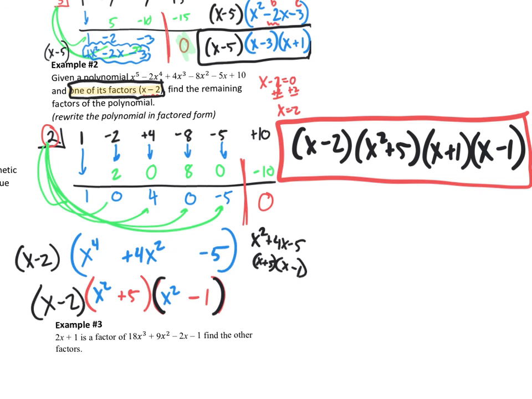If this is the completely factored form, and I wanted to find where this fifth degree function, if I were to graph it, which I know is an odd degree function, and I know the leading coefficient's positive, which means that it has its end behavior in quadrant 3 and quadrant 1, I could also find out from this factored form where it will actually cross the x-axis, how many real zeros it'll have.